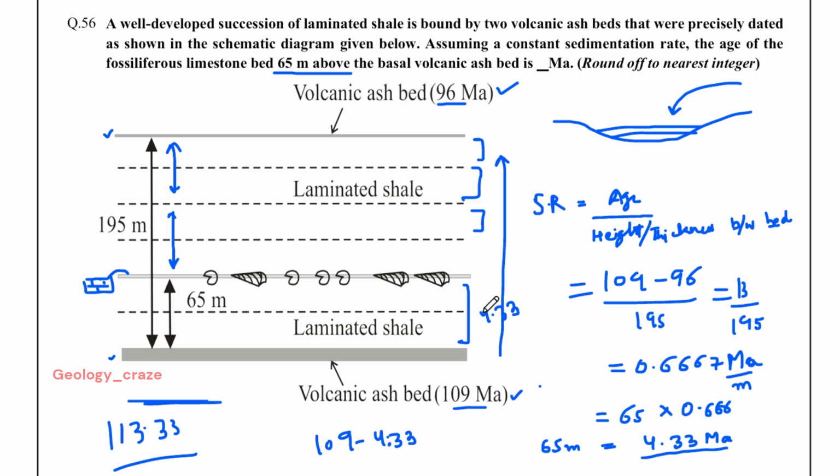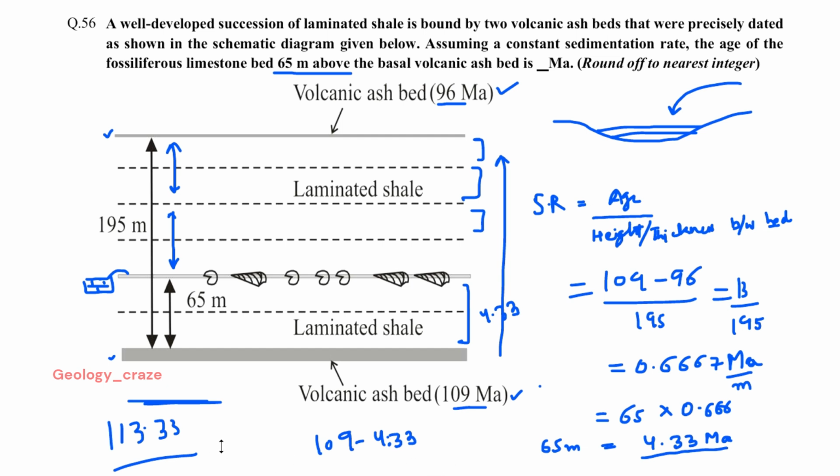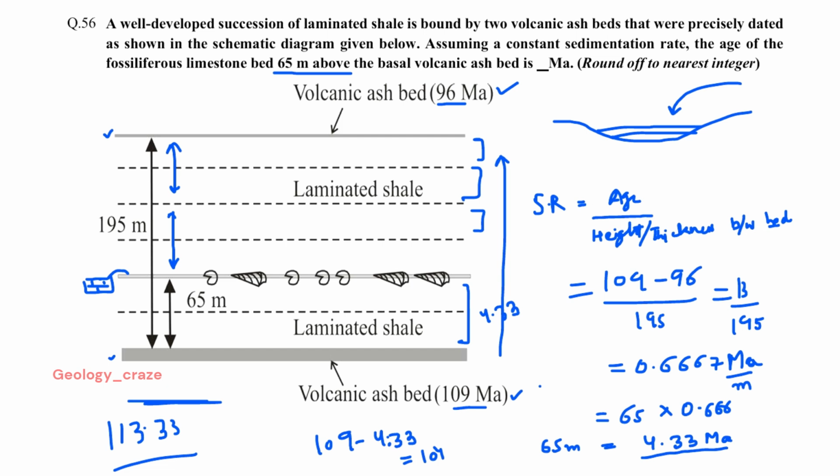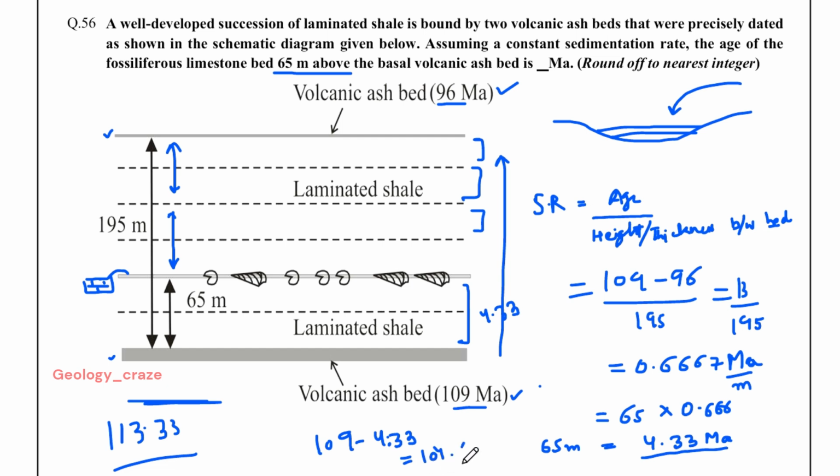So we have to subtract this value. So how much do we get after subtraction? 109 minus 4.33, we get 104.67. This is our answer.